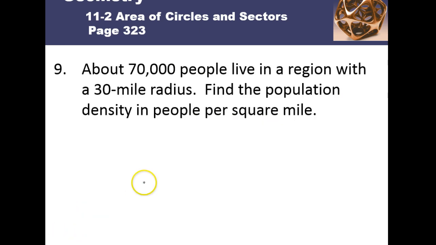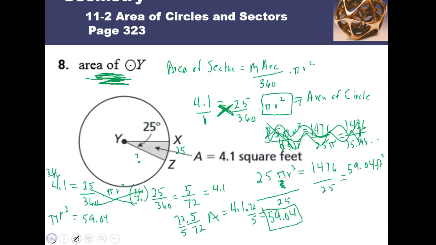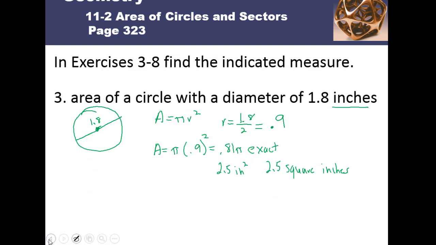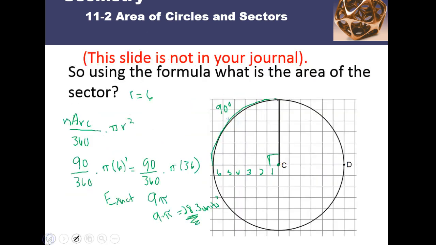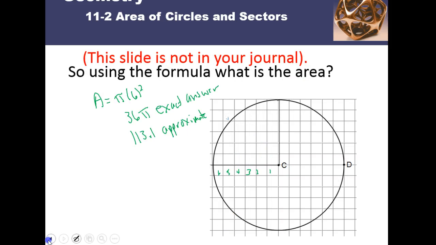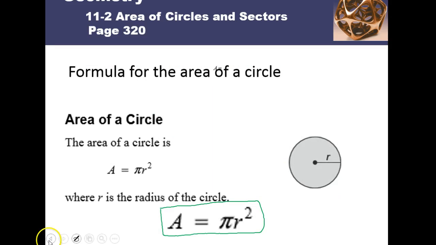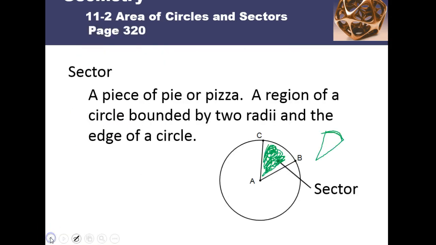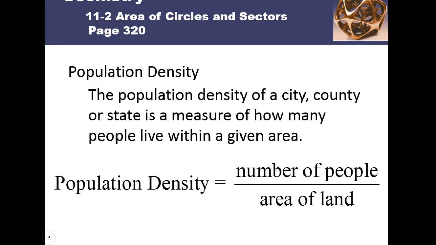Okay, so now we're going to use that formula that we looked at at the beginning, and let's go back and take a look at that formula quick. There we go.